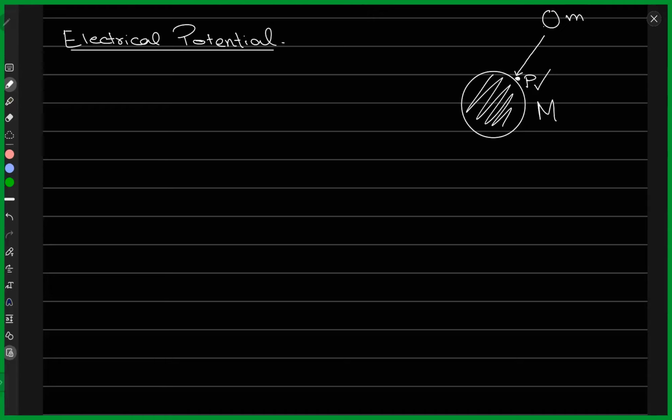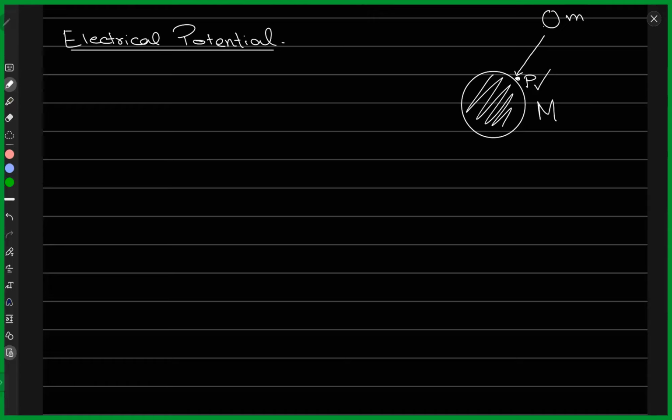Suppose that this entire yellow region is an electric field, and I have a charge over here. I'll draw it like this, and suppose this is charge Q. I have to bring it to some point in this electric field.